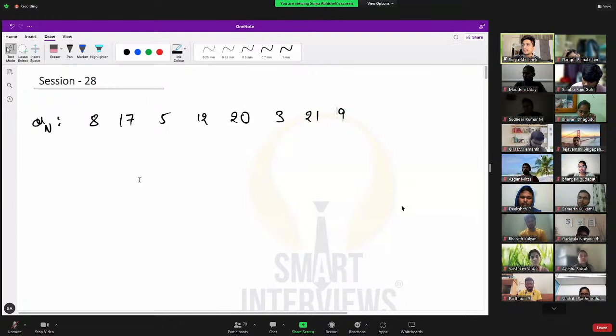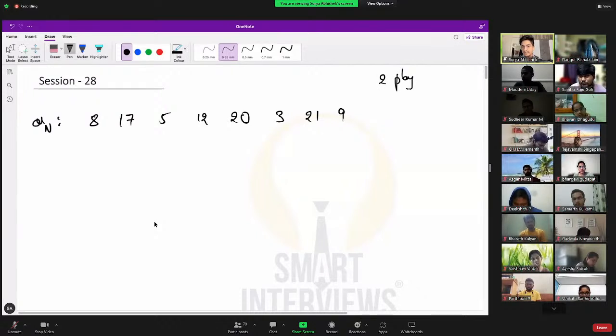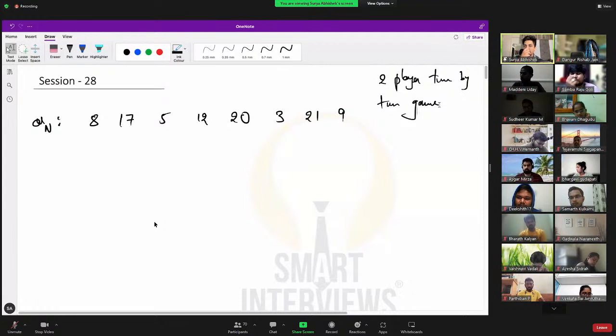So here, the question is something like this. This is a two-player turn-by-turn game.